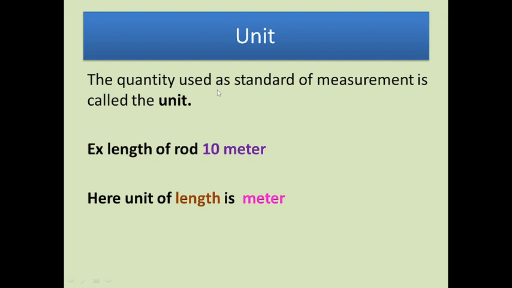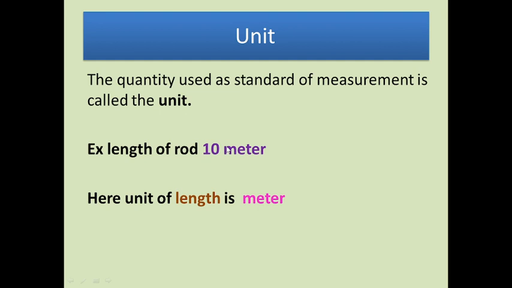Then what is a unit? The quantity used as a standard of measurement is called a unit. Whatever we are measuring, we need to assign a unit, then only it will have some weightage. Let us consider length. If we just say the number 10, it doesn't have any meaning.